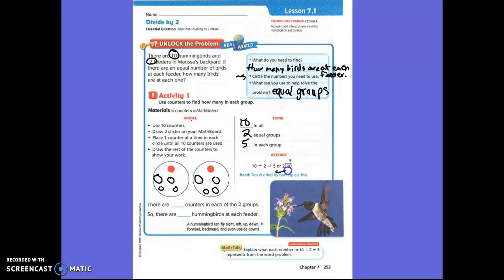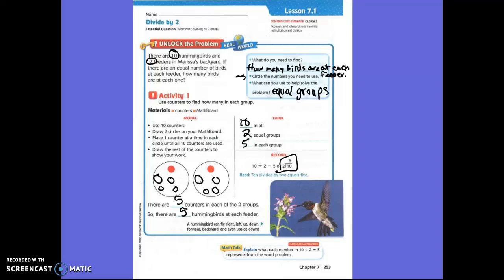Or you could have written it in the house: 10 is inside the house, 2 is outside the house, 5 is the answer. So how many counters are in each of the 2 groups? 5. And how many hummingbirds are at each feeder? 5 hummingbirds at each feeder.